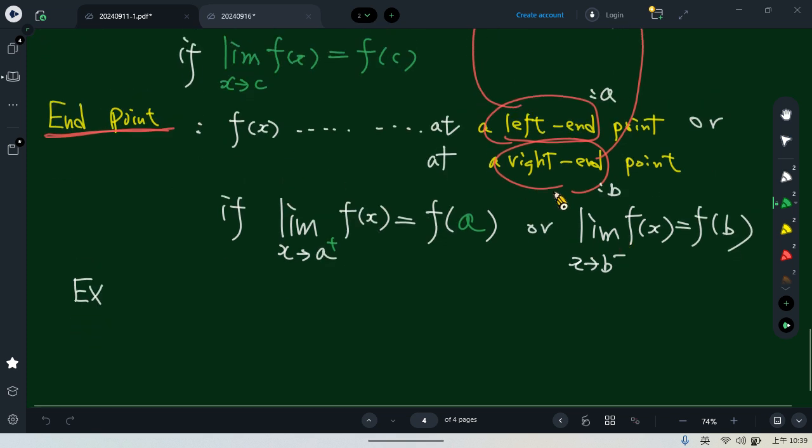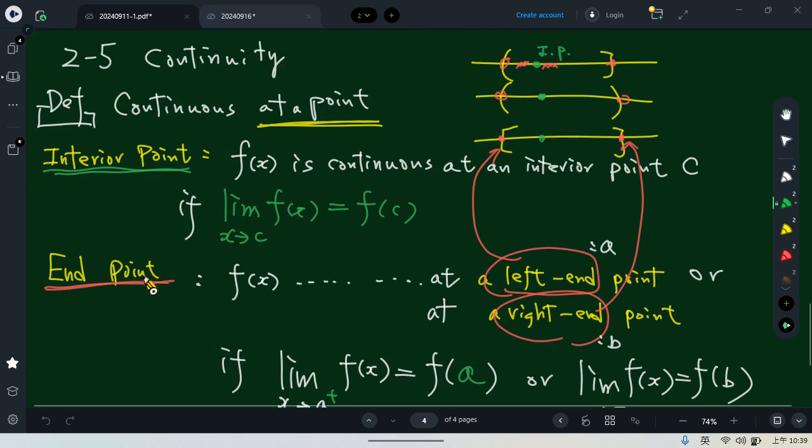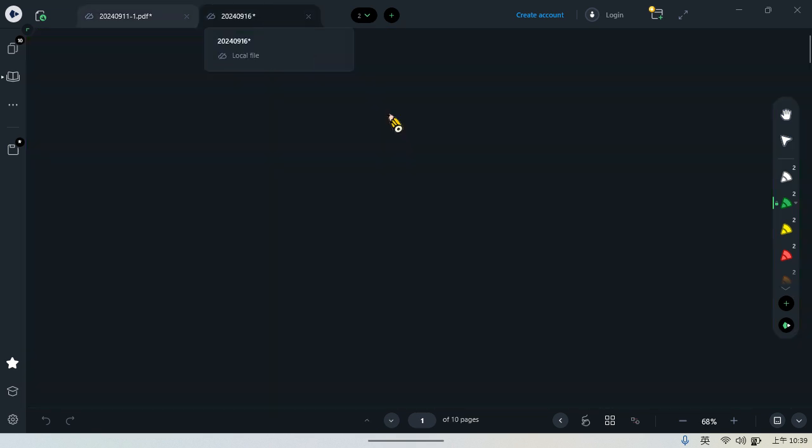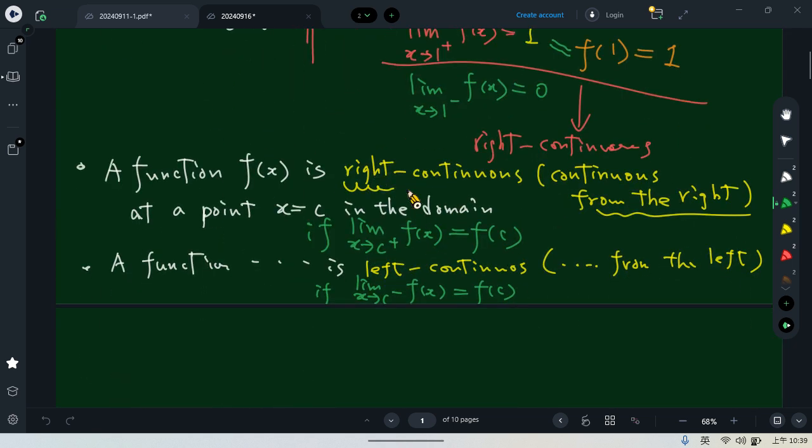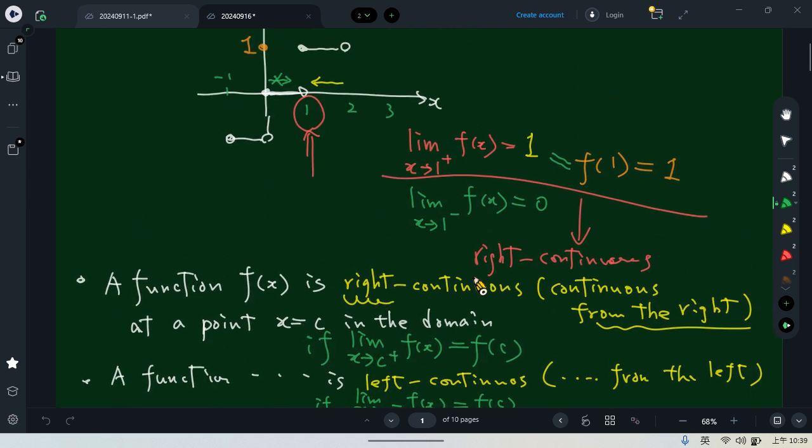So this definition focuses on the endpoint, but this definition is focused on right continuous or left continuous. So they are different.